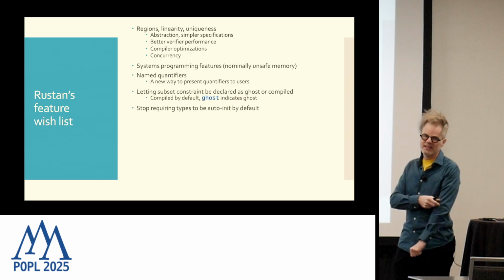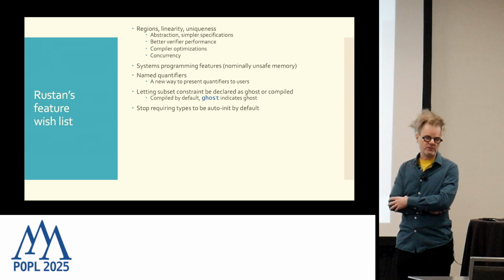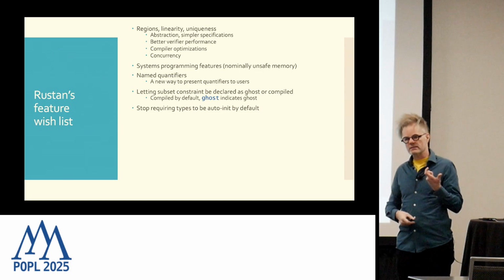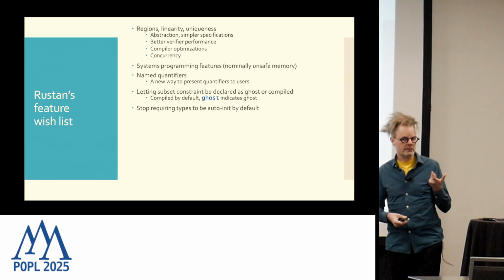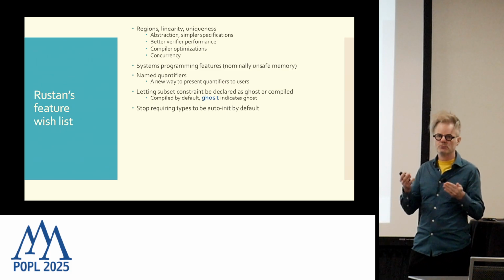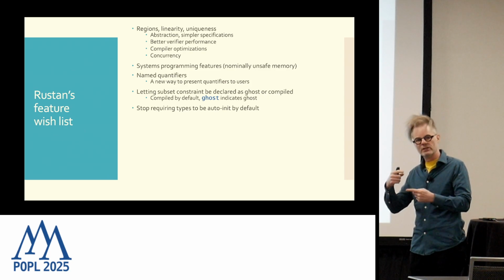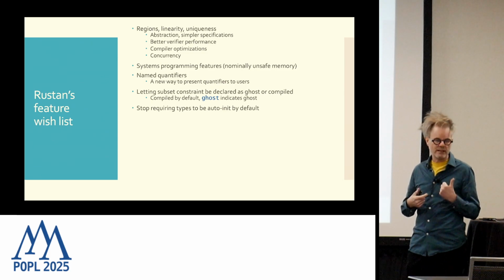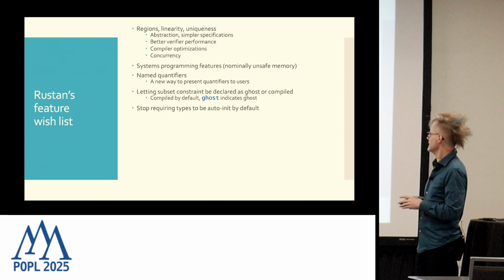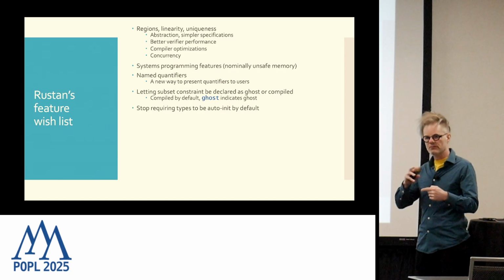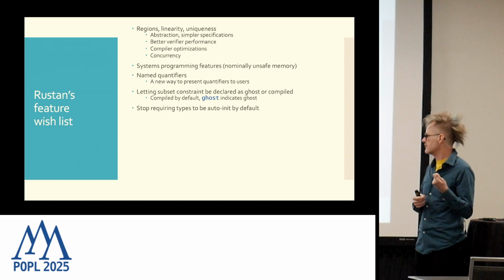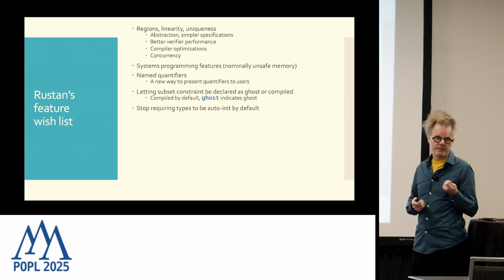There are a number of things. When you put constraints, like on subset types, those constraints, in my mind, have always been like ghost constraints. They're not there at runtime. But now, actually, we detect when we can compile them, and we compile them sometimes so you can do runtime tests and so forth. And this is odd in the language. It doesn't fit. It would be better to have these be declared as such.